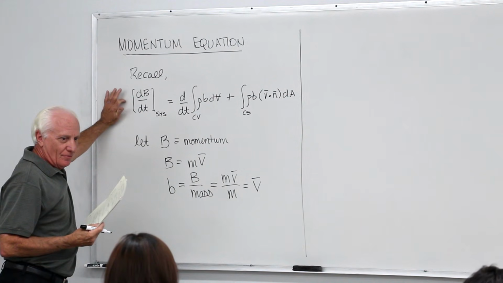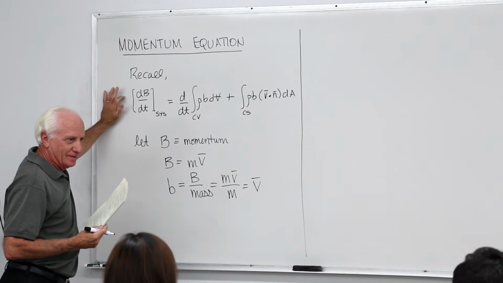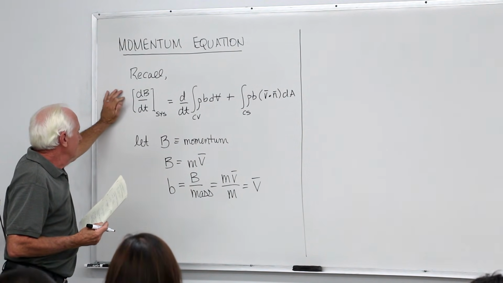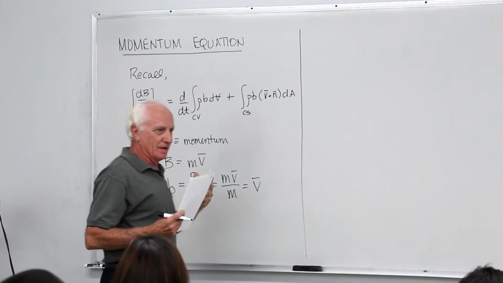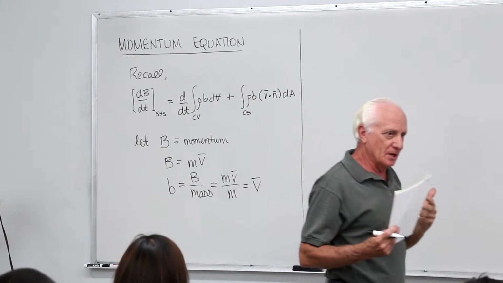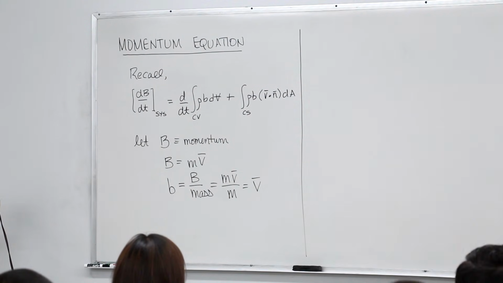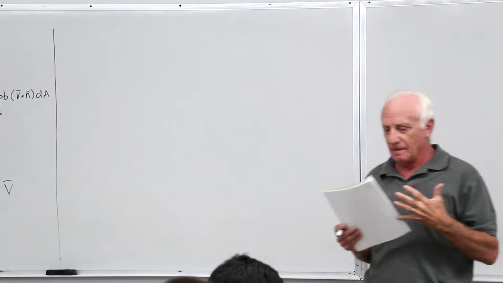First of all, we know from the system analysis that the change in momentum of a system is equal to the sum of all the forces acting on that system of particles.